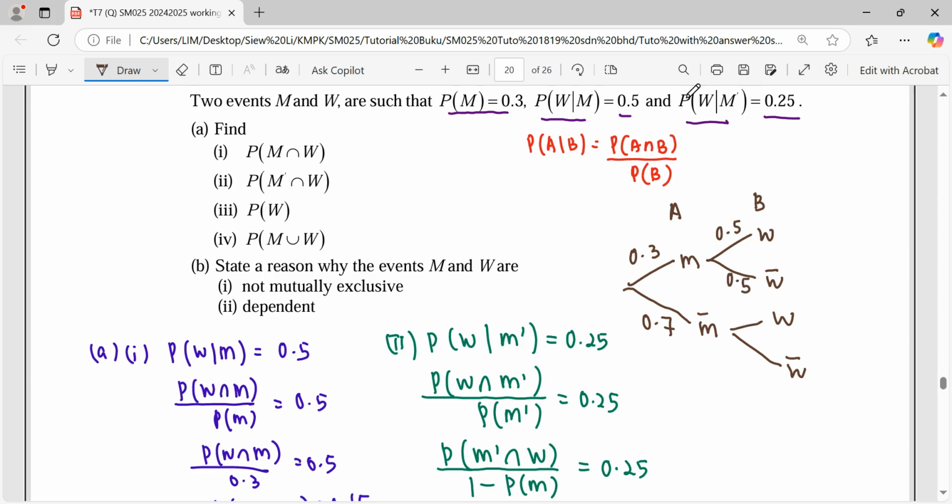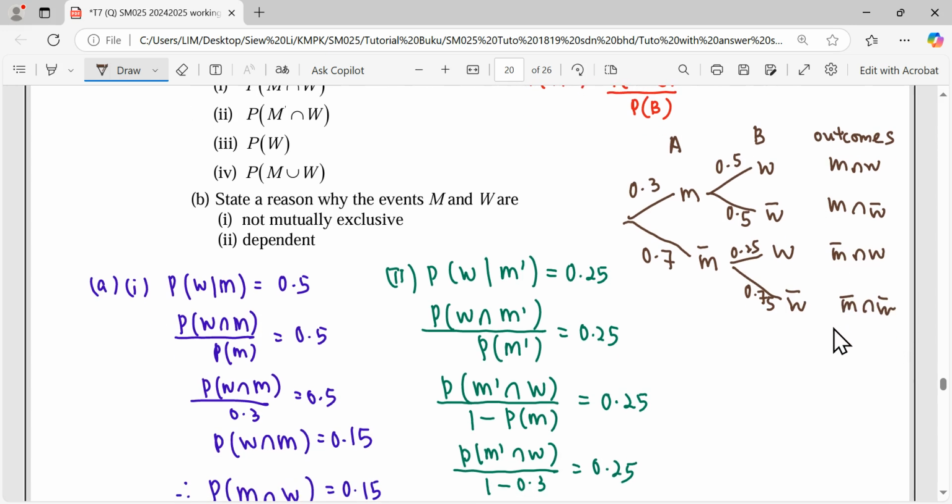Then the probability of W given not M is 0.25, and the other branch will be 0.75. Then we can see all the outcomes here: M in the set W, M in the set not W, not M in the set W, and not M in the set not W.